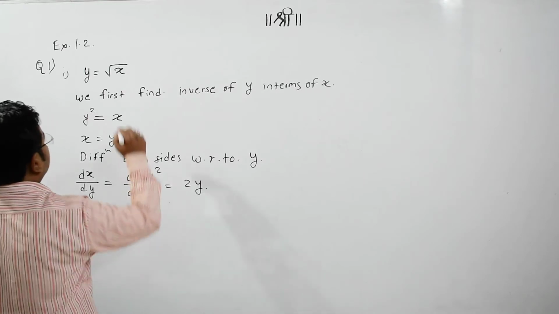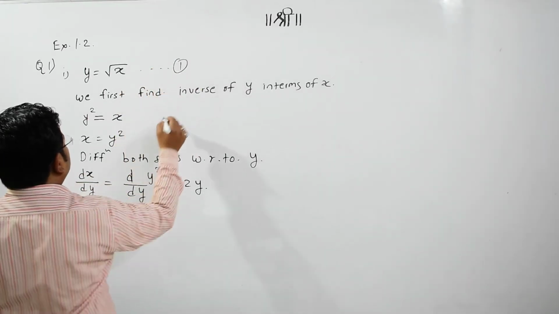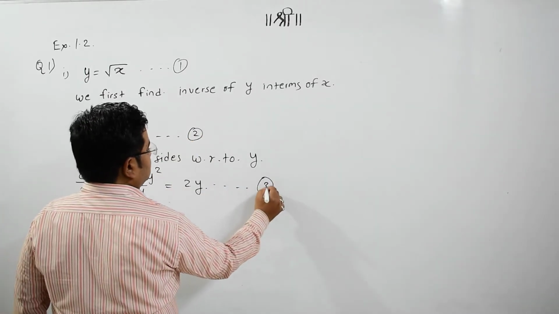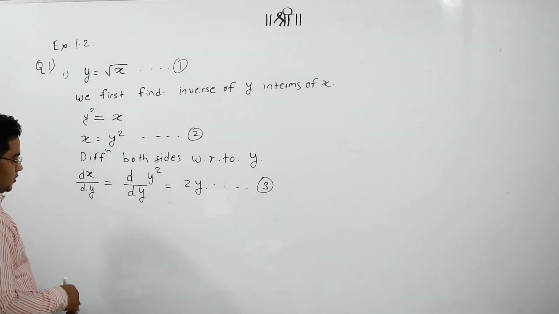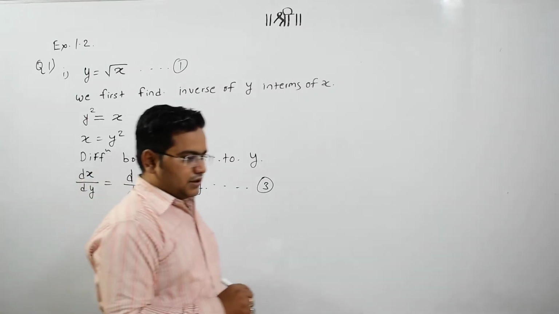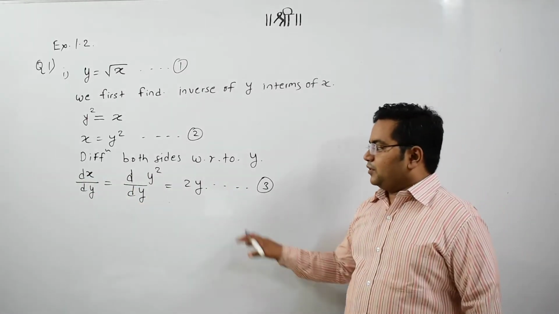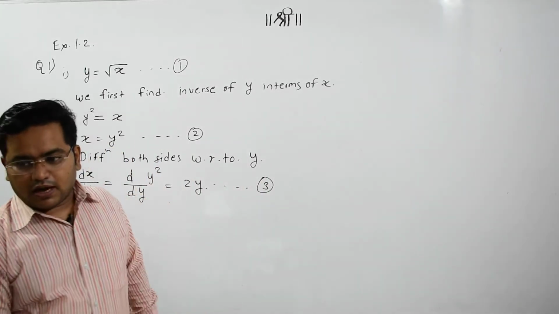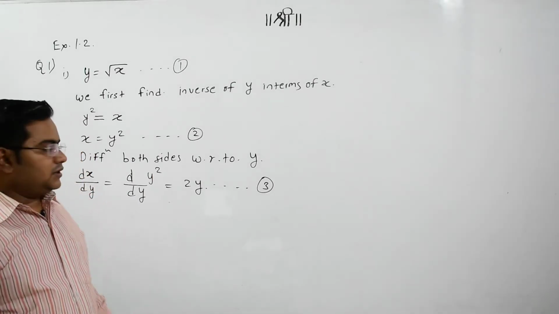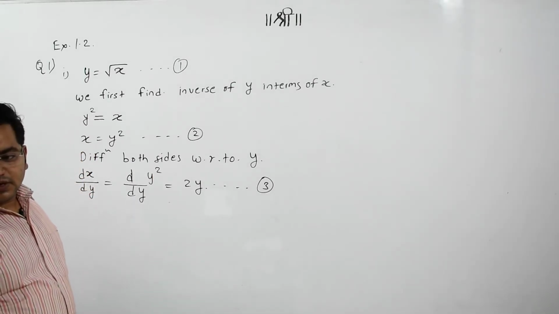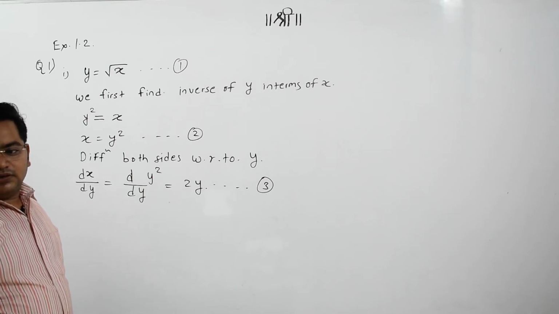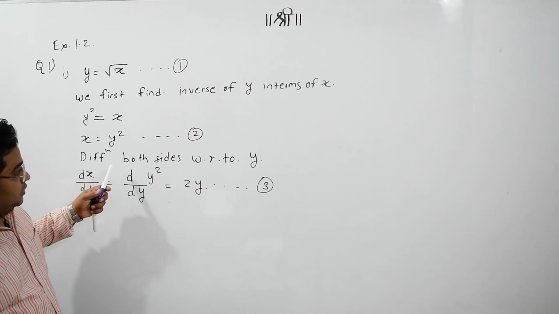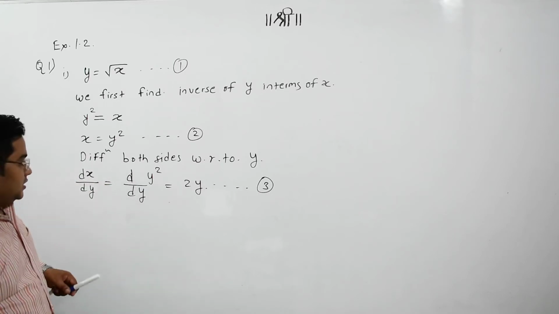Now next step: we put this equation as 1, this equation as 2, and this equation as 3. We already know that dy upon dx and dx upon dy are related.